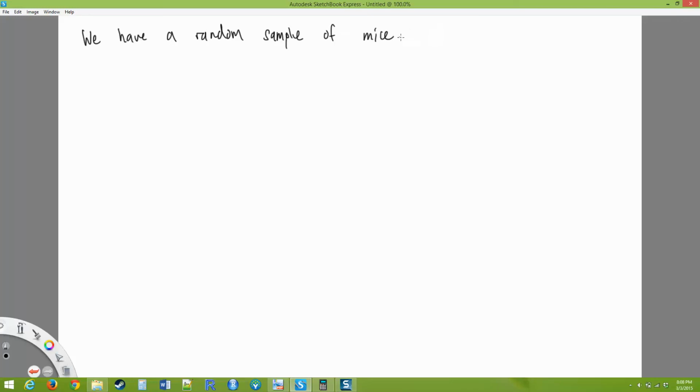Okay? Now let's not do mice. Okay. All right, we'll do a random sample of German Shepherd puppies, okay? GSD puppies. Okay? German Shepherd dog, okay?